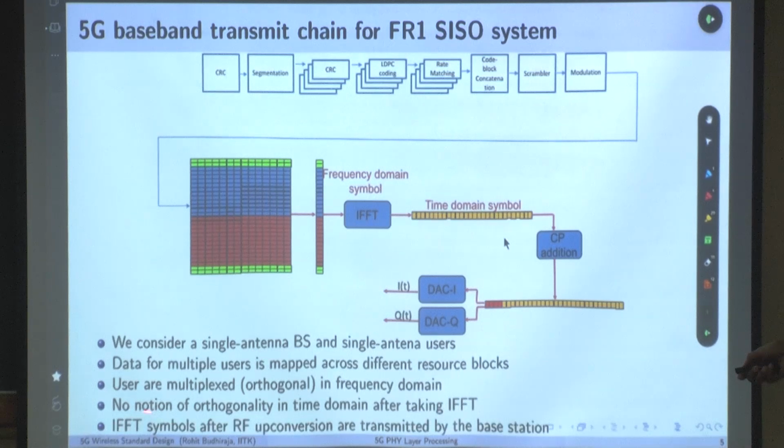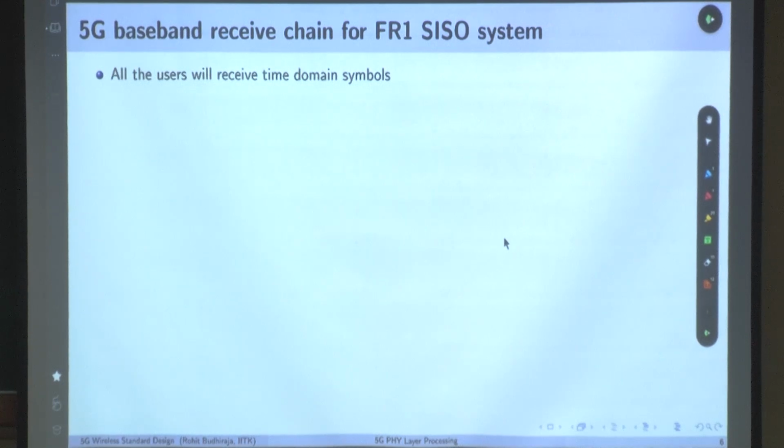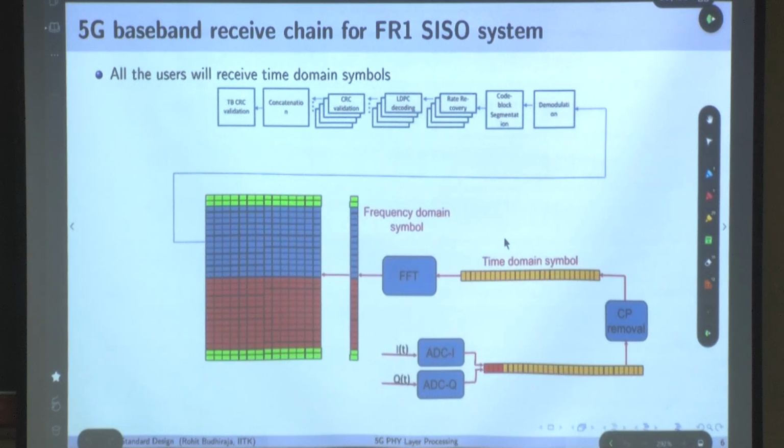Then these IFFT symbols, after RF upconversion, are transmitted by the base station. In the time domain there is no notion of orthogonality, so user 1 cannot be differentiated from user 2. All the users will receive the time domain symbols. We are talking about multi-user.